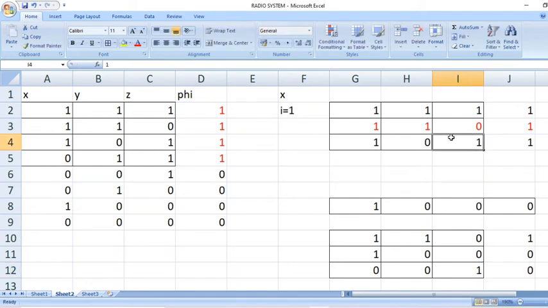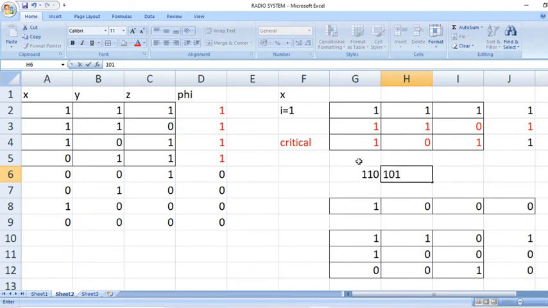So the third vector is also critical. These two vectors are critical. So what are the critical vectors? 1 1 0 and 1 0 1.